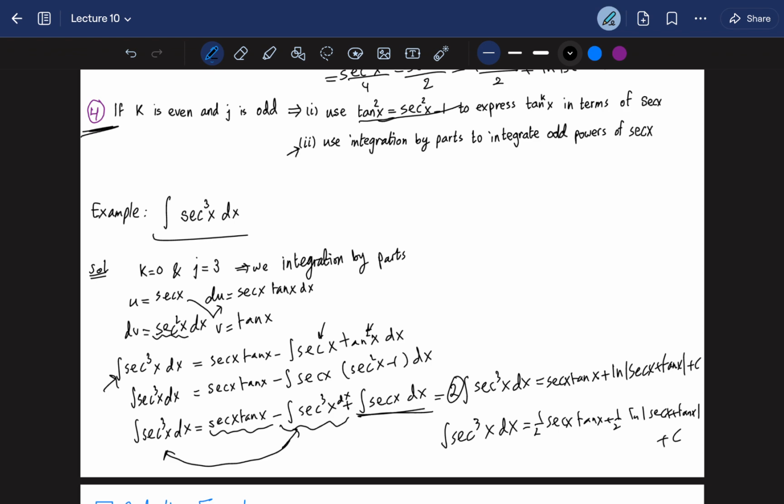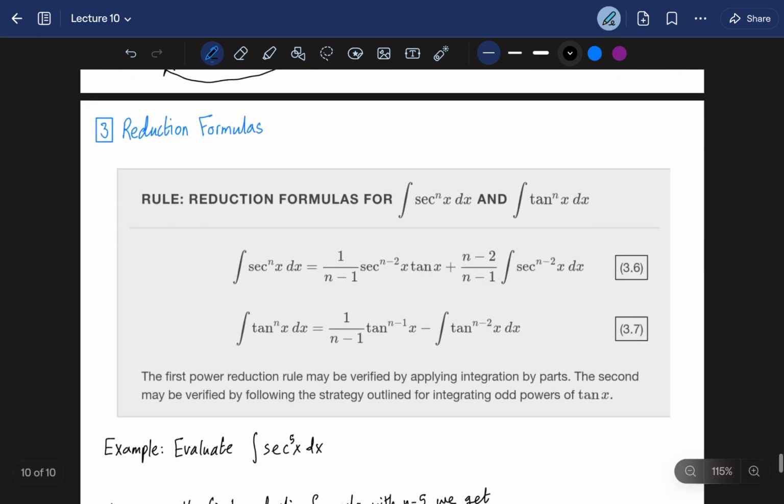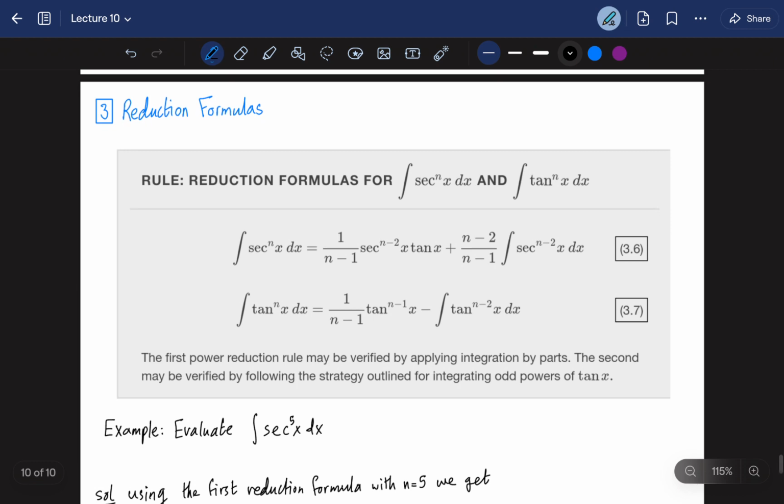Obviously, if it's better for you to memorize, you can memorize some of the strategies and just keep applying them. But the best thing here is just keep practicing, so you'll create your own pattern of how you're going to use u sub, or identities, or even integration by parts.